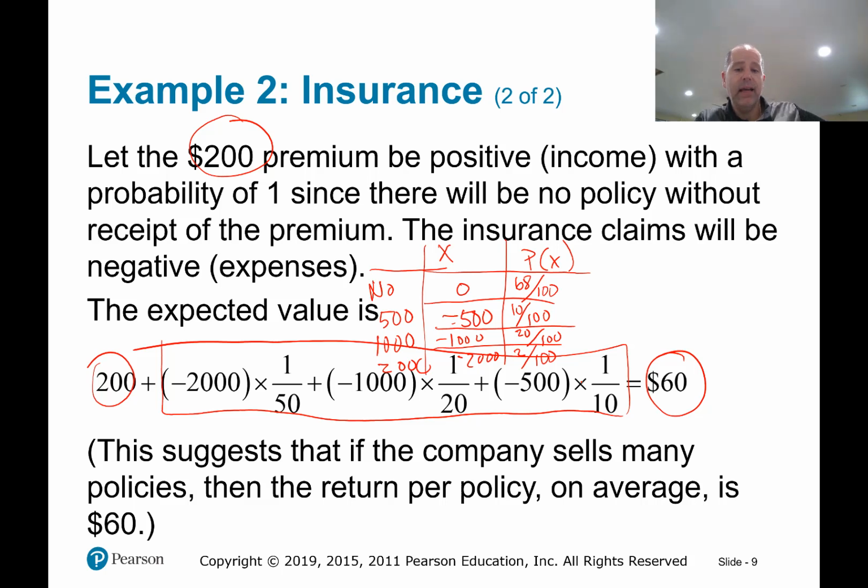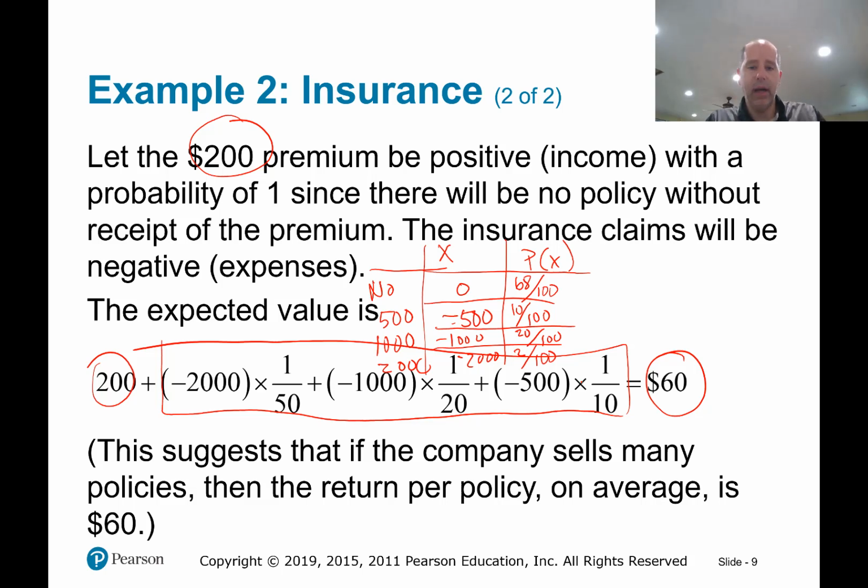What this suggests is that if they sold a bunch of policies like this one, on average they will make $60 per policy each year. So if you have 1 million policies like this, you'll average about $60 per policy, so about $60 million a year in profits.